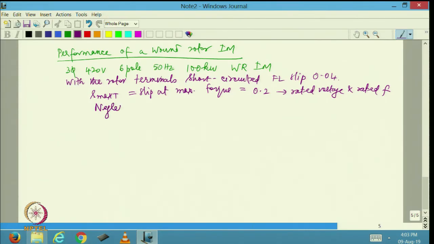Neglect stator resistance R1 and rotational losses of the machine.